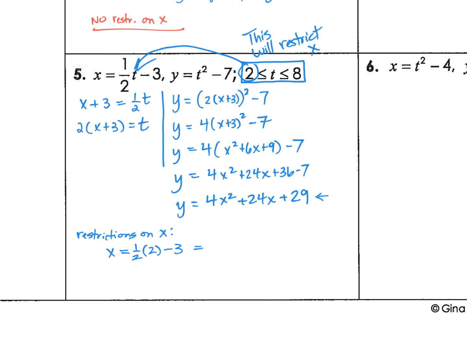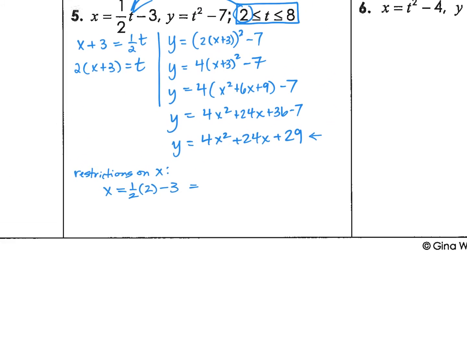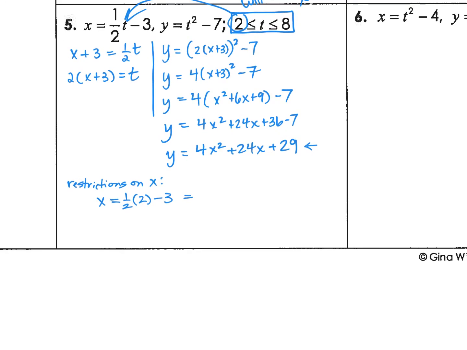What are we going to get? -2. Then we take the upper value of t and we plug it in. So 1. So our restrictions are x lies somewhere between -2 and 1.